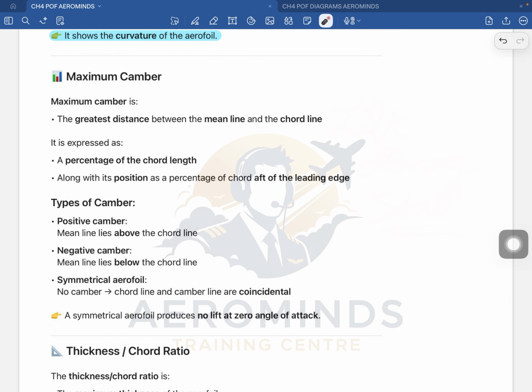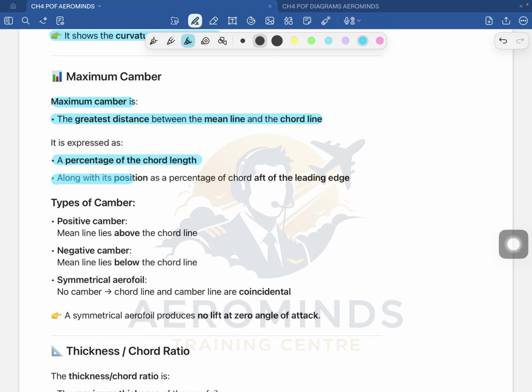So remember this. What is maximum camber? The greatest distance between the mean line and the chord line. It is expressed as a percentage of the chord length along with its position as a percentage of the chord aft of the leading edge.